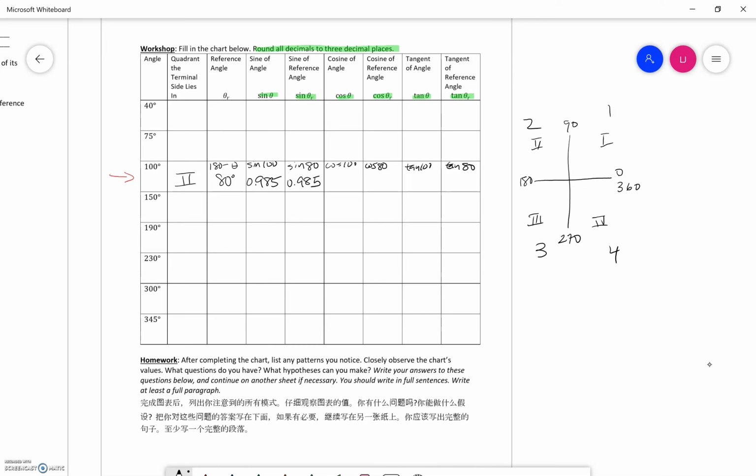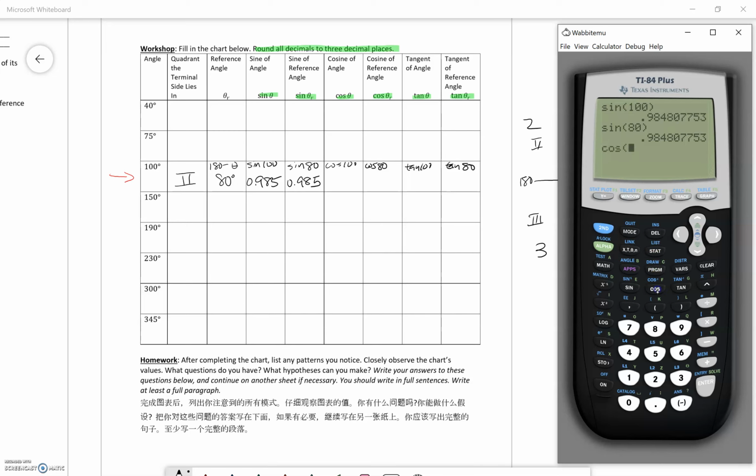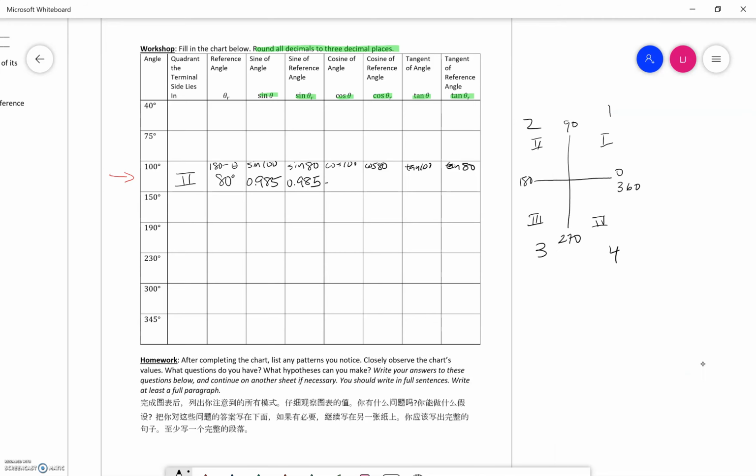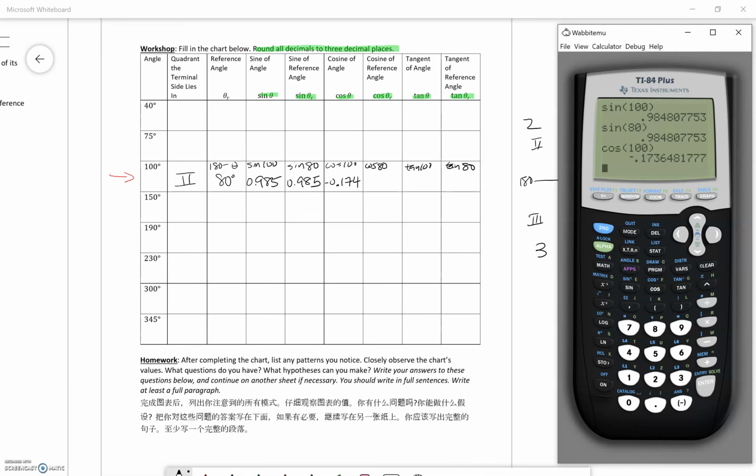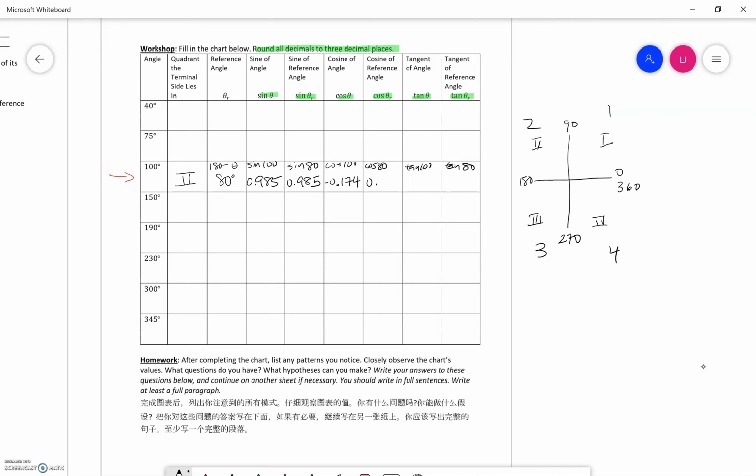All right, next one is cosine of 100. So cosine 100, negative 0.174. All right, then cosine of 80. Positive 0.174.